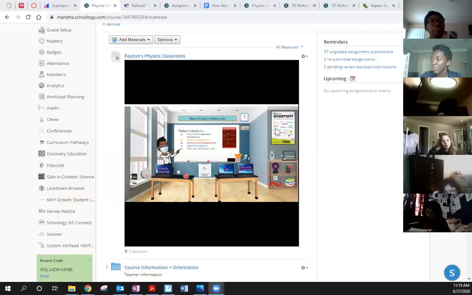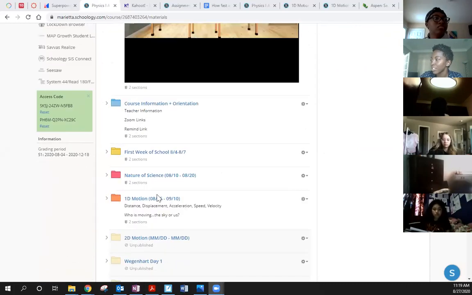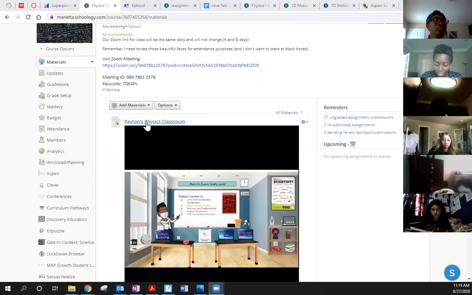Look, I figured out how to put my classroom up. So now, as soon as you log in, you can see the classroom right here. I added an extra laptop, so let me show you what it looks like. And again, you don't have to use this. Everything is still right here, but really the classroom is kind of like a shortcut.